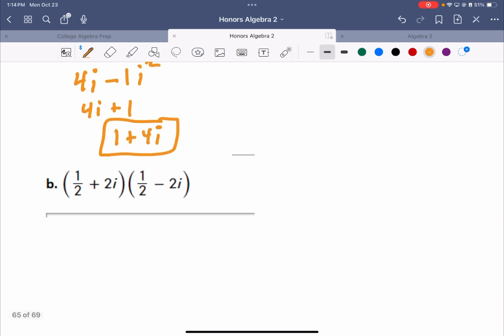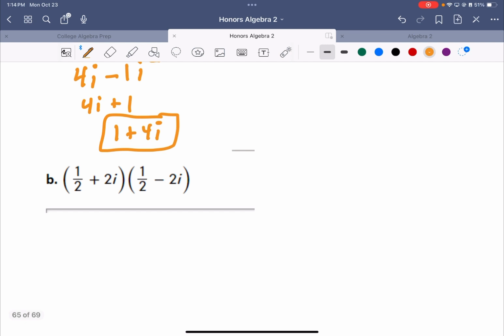Second one, can we agree that the middle terms are going to go away? How do I know the middle terms are going to go away? Because you've got plus 2i and minus 2i. So the middle terms are going to go away. Plus, it's a half and a half, so a half times a half is a fourth. 2i times negative 2i is negative 4i squared.